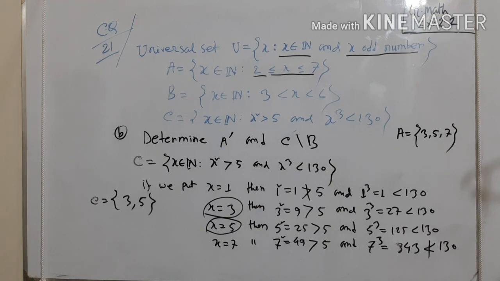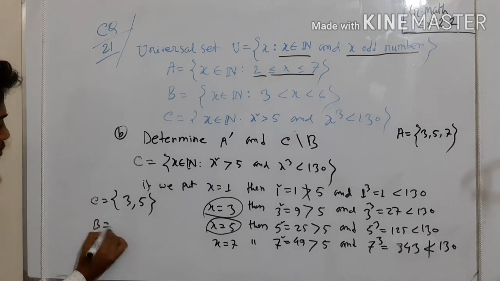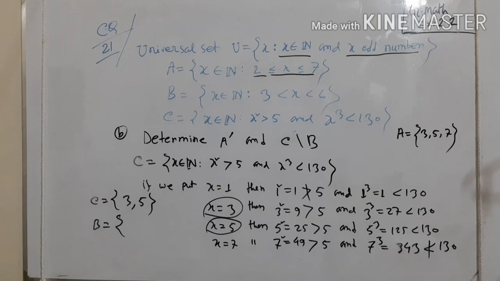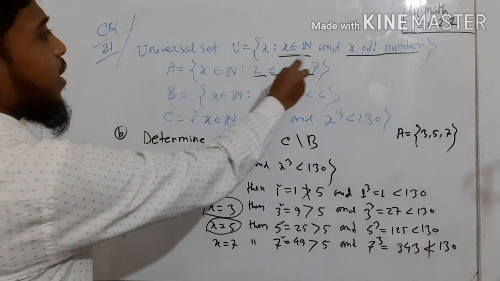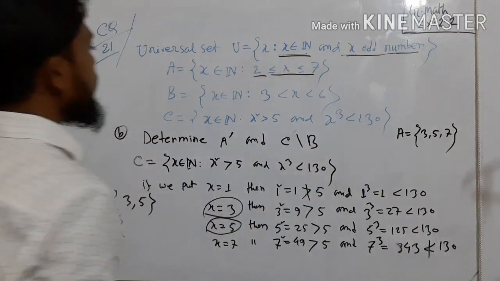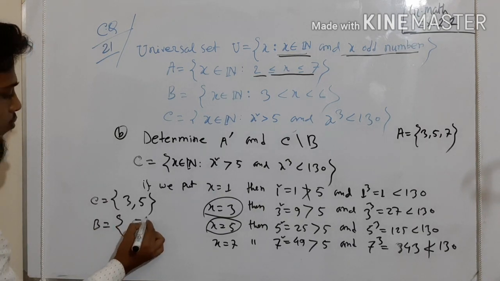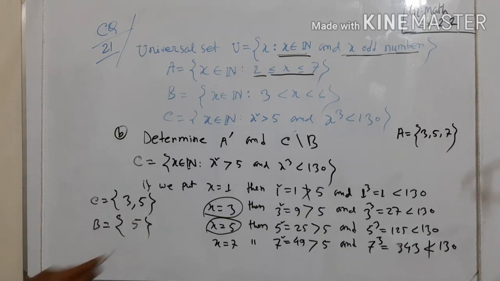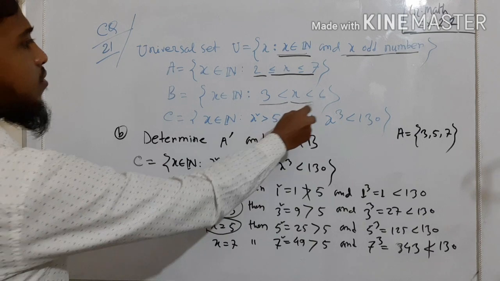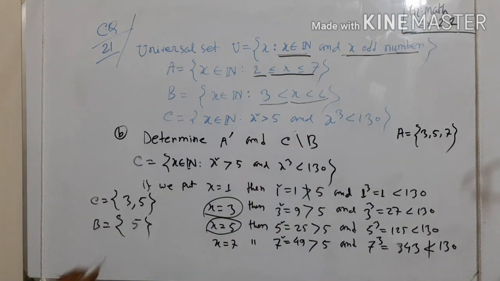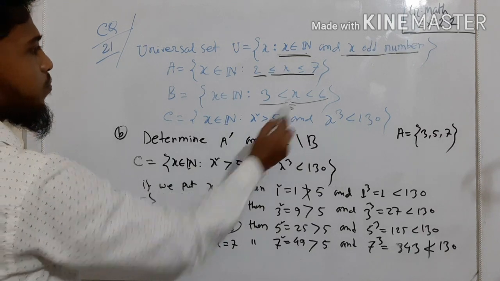And B set equal to, here x is a natural number and x is an odd number. Here 3 is less than x is less than 6. So our odd number is 5.